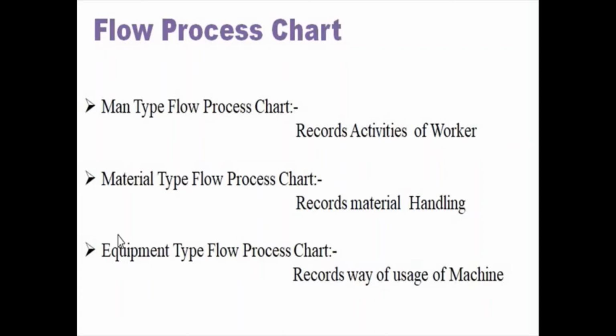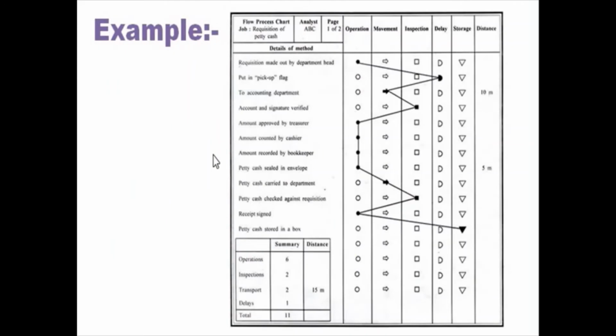So let's take an example and understand how this process chart is represented. In this chart at the top, the title is given and all the operations which are going to be there during this processing are mentioned, like operation, movement, inspection, delay, storage and distance.